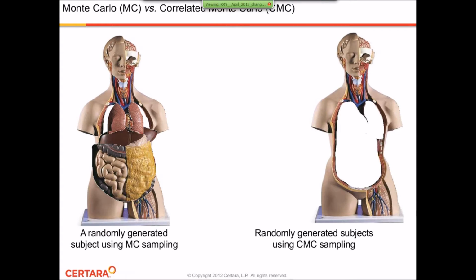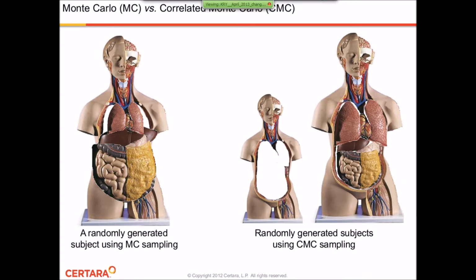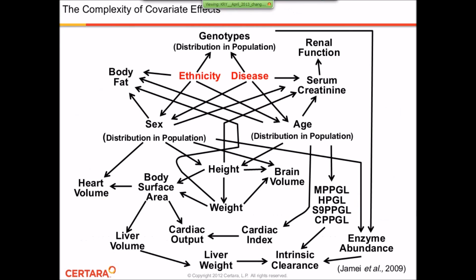So this is why we use a correlated Monte Carlo approach, so that we can generate organs that are truly representative of that individual, and so on and so forth for a pediatric population as well. So this is exactly what we mean by a Monte Carlo approach versus a correlated Monte Carlo approach.